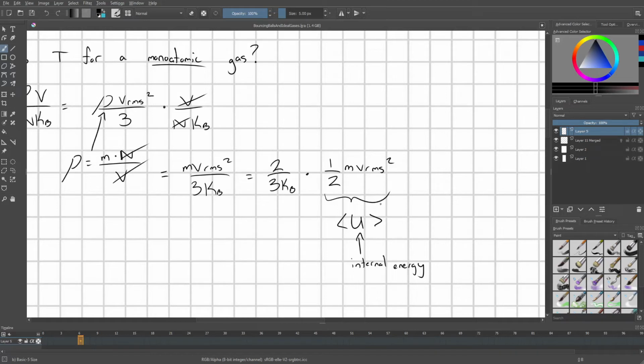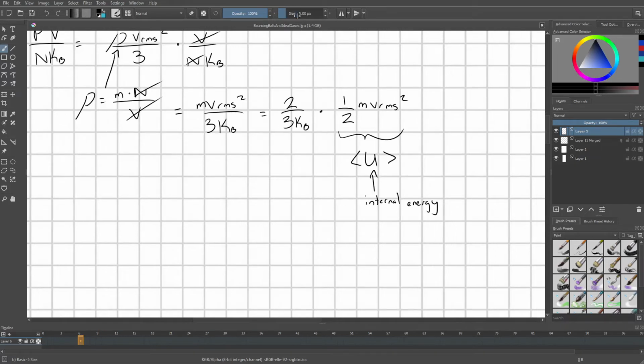That's not always the case, but in many situations, your internal energy is purely kinetic energy. And right, so this was just equal to T. So another way that we could write this, we could isolate our internal energy. So our internal energy is just equal to 3/2 kBT.